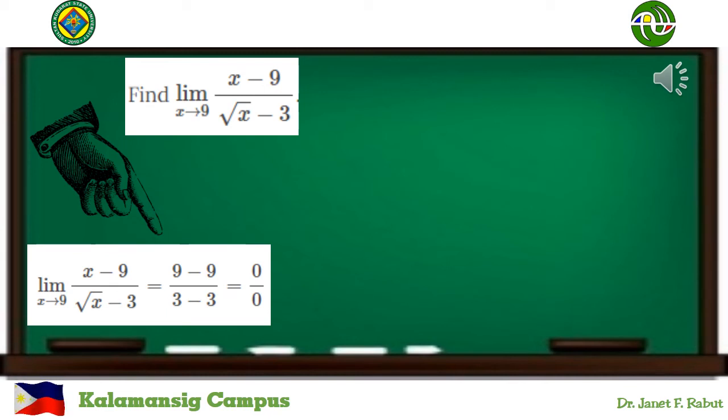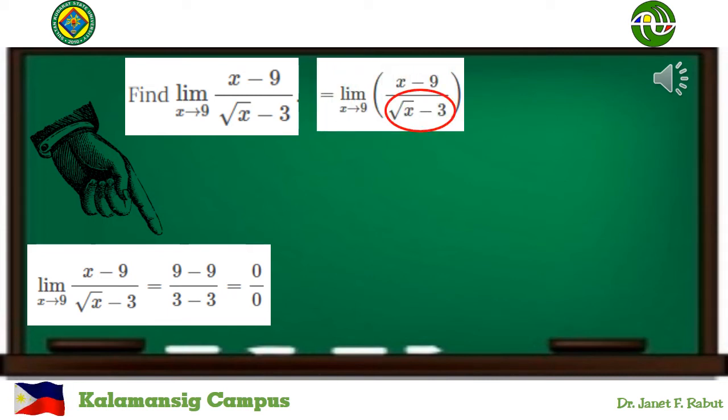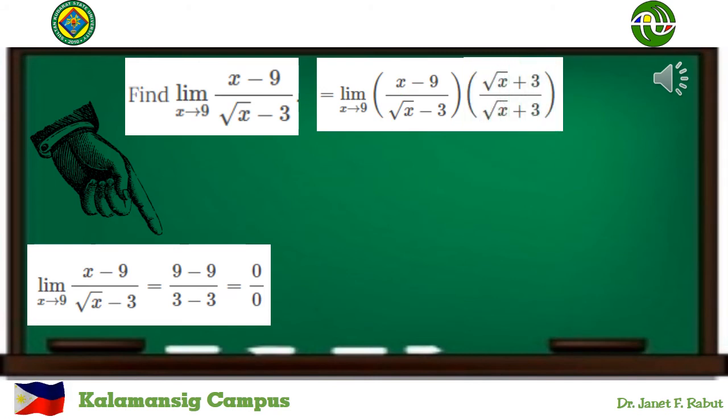So let's rationalize the denominator by using the usual approach of multiplying by its conjugate. It says that conjugate is where we change the sign in the middle of two terms. In other words, from square root of x minus 3, it will become square root of x plus 3.